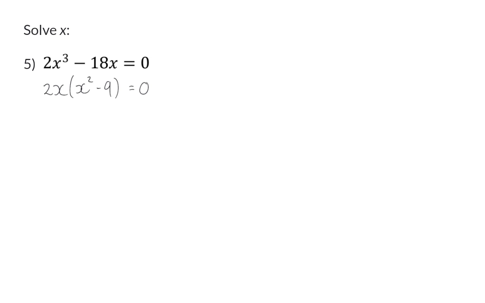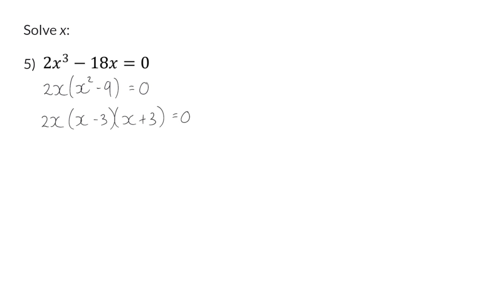That means I cannot divide by it. The bracket of x squared minus 9 can now once again be factorized because we have difference between squares. So I will form two brackets, and it will be x minus 3 and x plus 3.